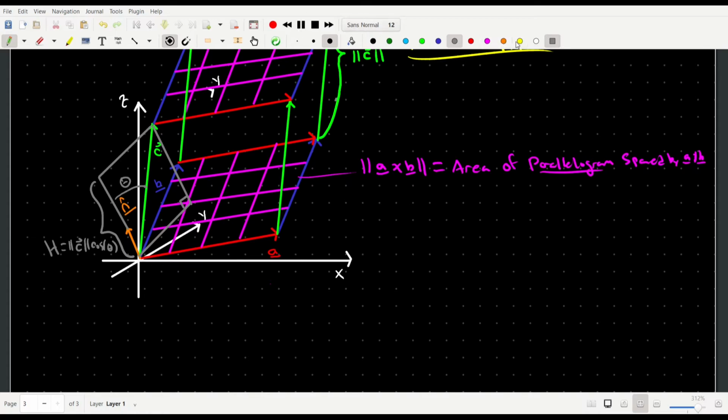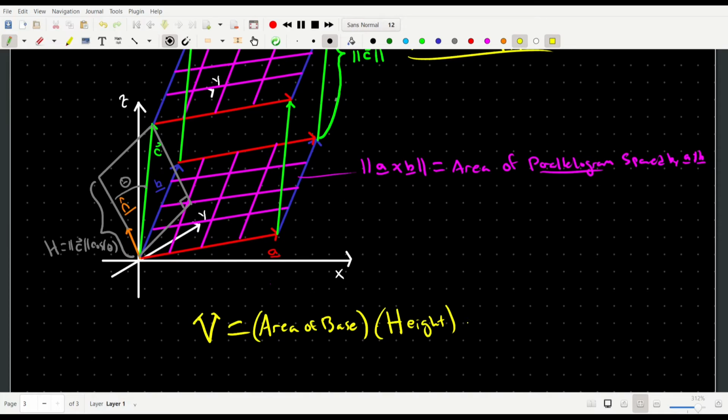So if you were to consider, say, the volume of this parallelepiped, the volume formula for the parallelepiped is the base area times the height, similar to how the area of the parallelogram is the length of one of the bases times the height.